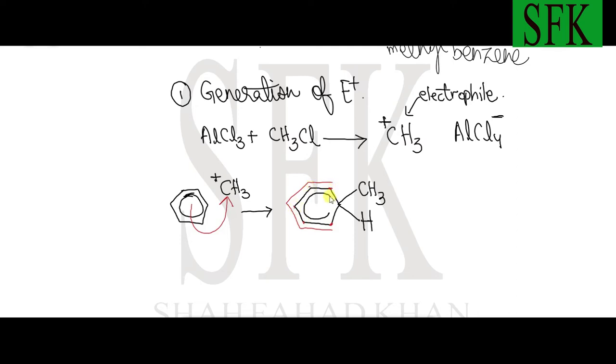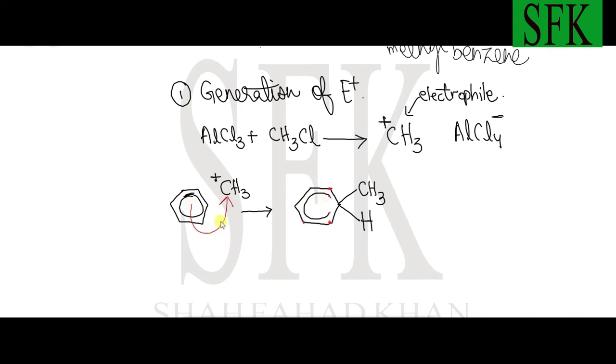This ring must start from the immediate neighbor of this carbon containing the CH3 group attached. It must begin from the immediate neighbor carbon atom and must end on the second immediate neighbor of this ring over here. So basically you don't need to draw the red part, okay, but this black part is important.